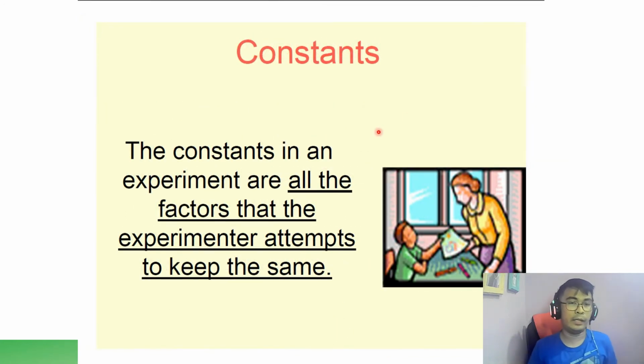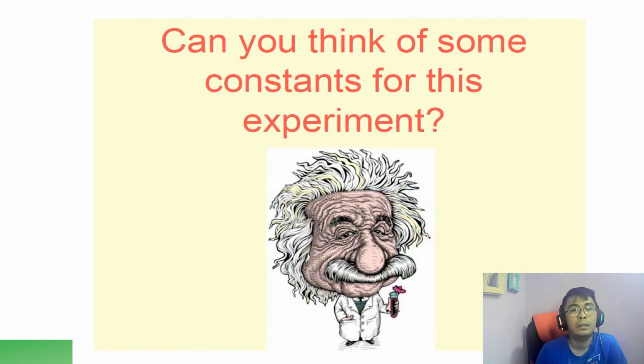The constants in an experiment are all the factors that the experimenter or the researcher attempts to keep the same. Now, can you think of some constants for these experiments? What do you think are the other constants for the experiment that is to be conducted by John?